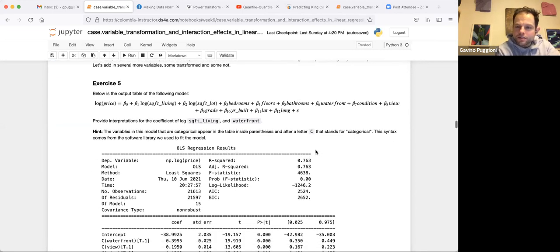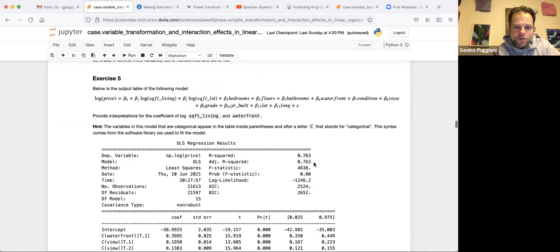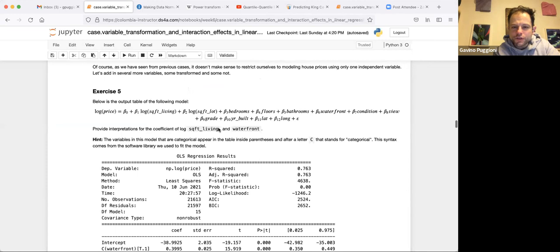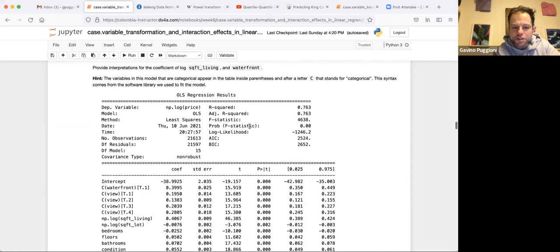So in this case, what can we say? Well, the R square is considerably improved. It went from 0.45 to 0.76. We will talk about how we select the variables in a bit. R square might not be the best criterion that we are going to use. So we're supposed to interpret square feet of living and waterfront.